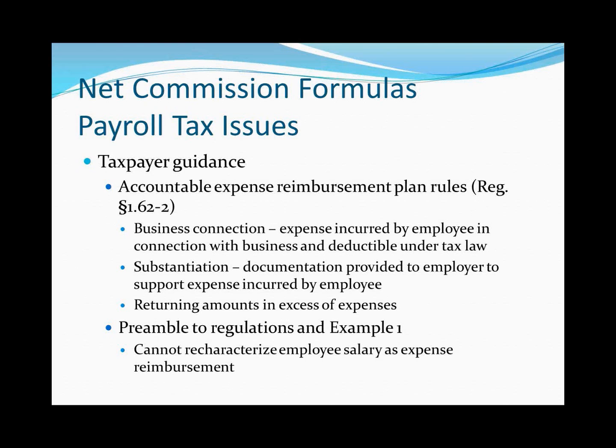In those regulations, they talk about how in order for expense reimbursements to employees to not be included in gross wages of the employees, the expense reimbursement plan must have three things. The three things are business connection, substantiation, and it must also call for the employee to return any amounts that are in excess of the expenses which are actually incurred.